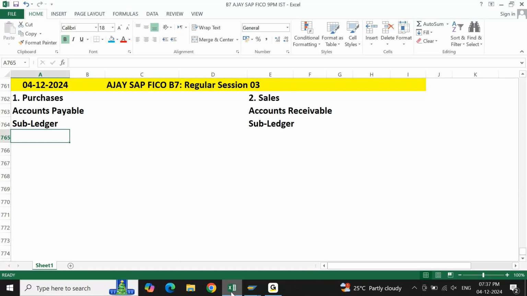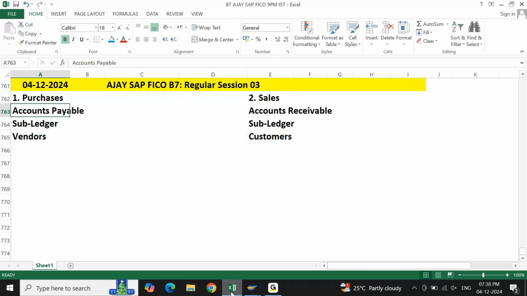Accounts payable is a subledger because in accounts payable we deal with vendors. Accounts receivable is a subledger because in accounts receivable we deal with customers.